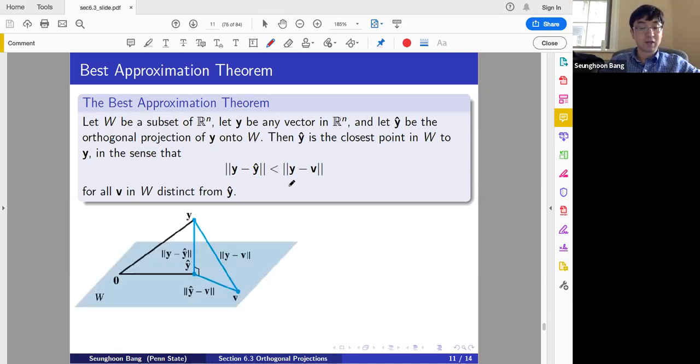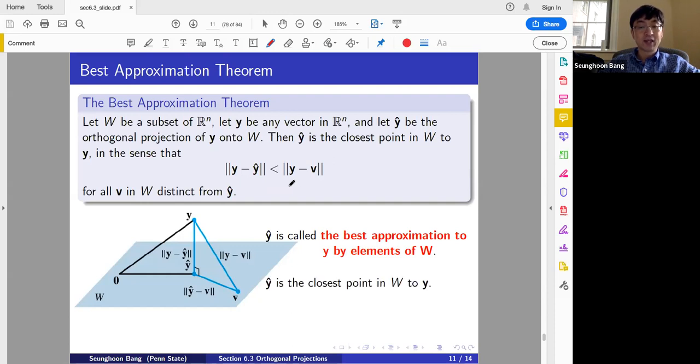The graph is like this. y hat is called the best approximation to y by elements of W. The y hat is the closest point in W to y.